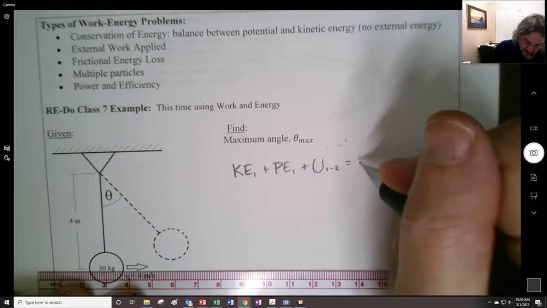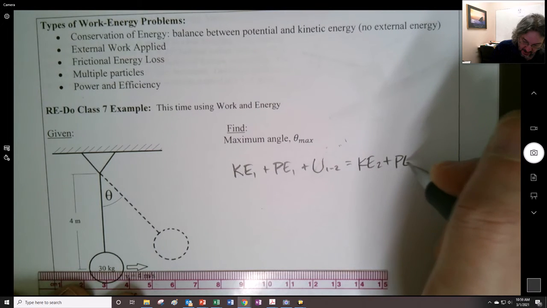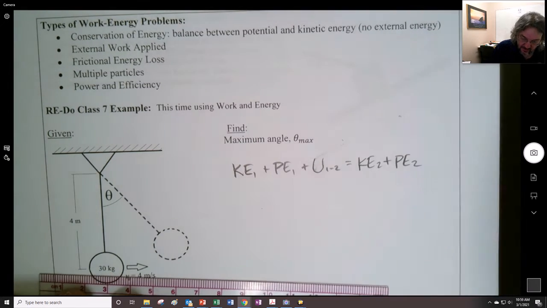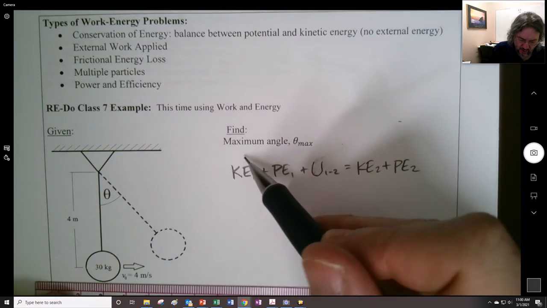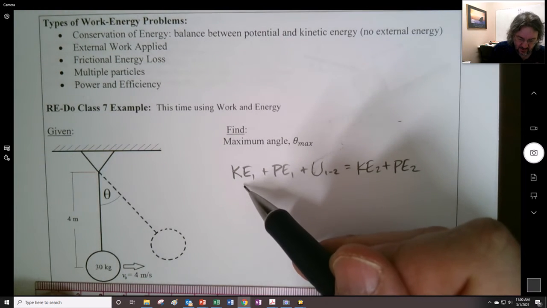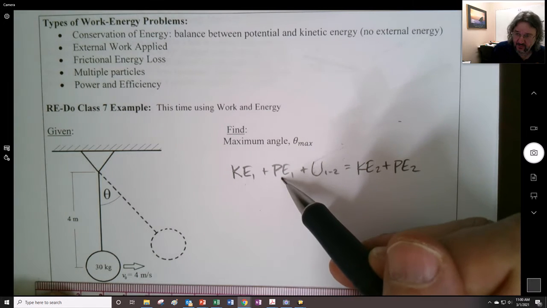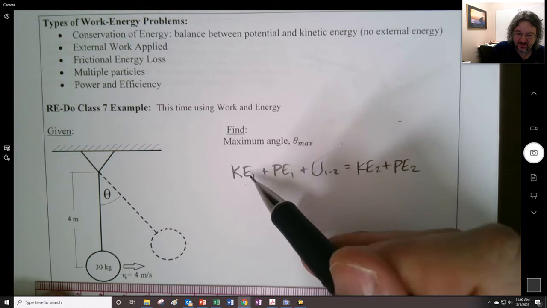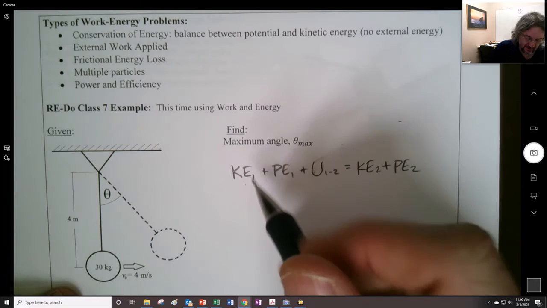Capital U equals KE2 plus PE2. It's something I did mention in the previous video. The book likes to use capital T for this, and they use capital V for PE, and I don't really like doing that. So I'm just using these two-letter designations. I think it makes a lot more sense to me.